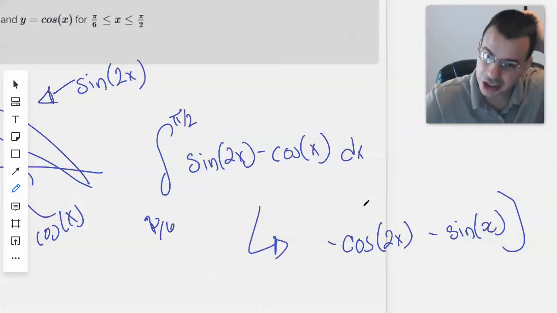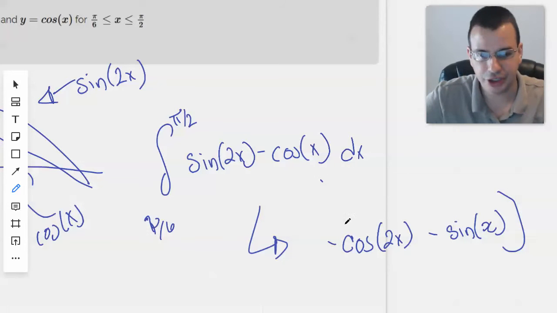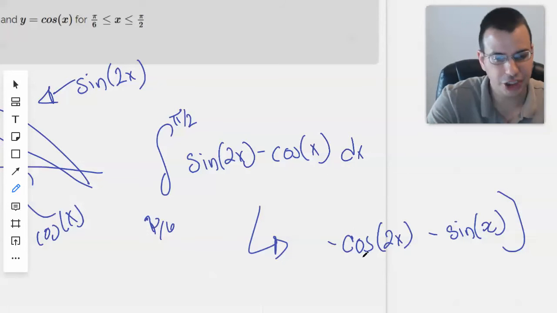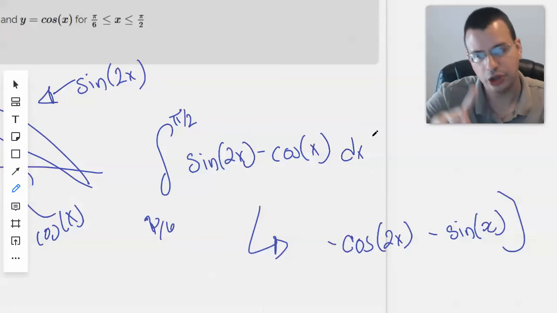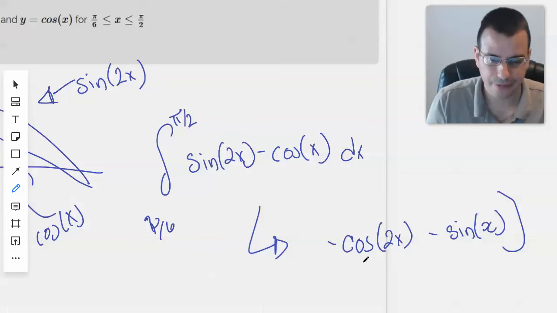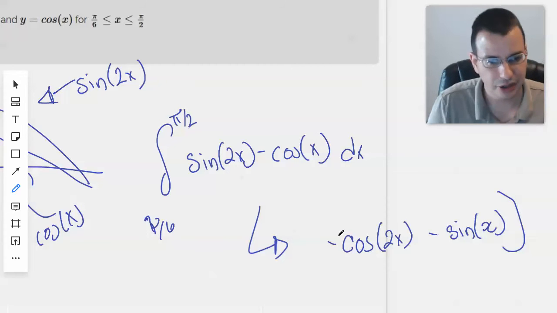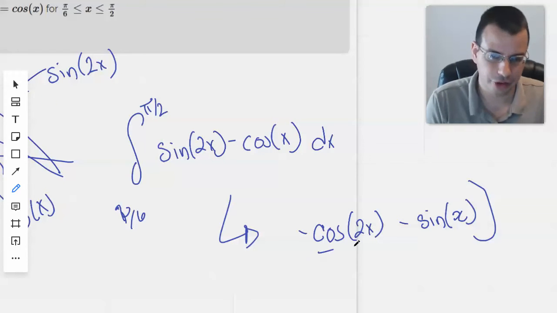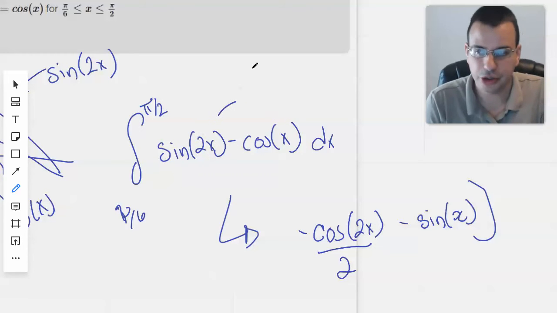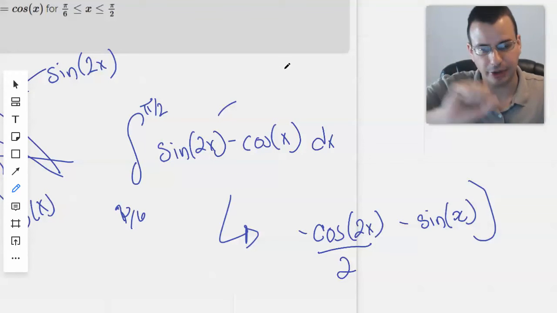One way we can check that is if we go the opposite direction. If we take the derivative of negative cosine, we should get positive sine, which is true. And then there's going to be a divide by 2 here because we'd have to do a u substitution if you were taking a longer route.